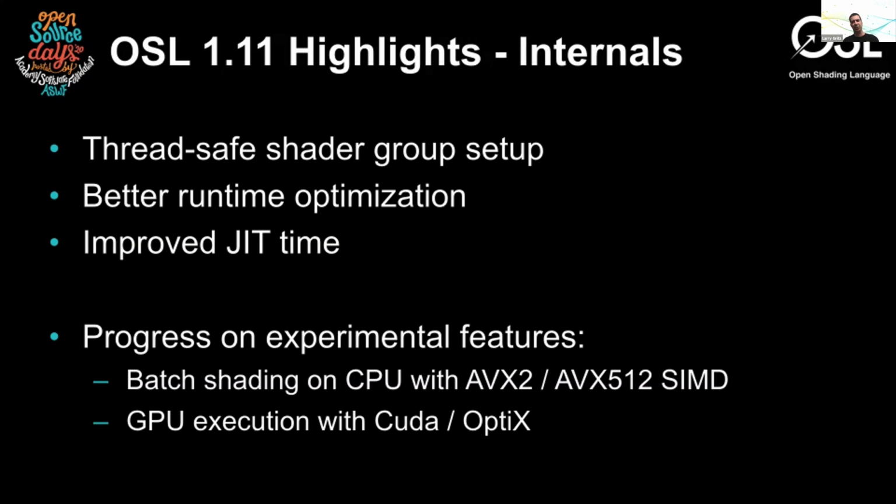And we've also improved the JIT time, so the startup time when we're generating machine code from the shaders at runtime. And it's not really supported features in this version, but along the road here, we've made a lot of progress on both the batch shading and the GPU projects, which I'll talk about shortly.